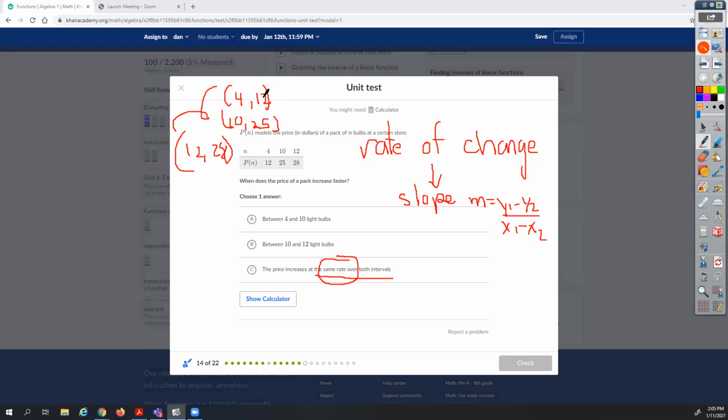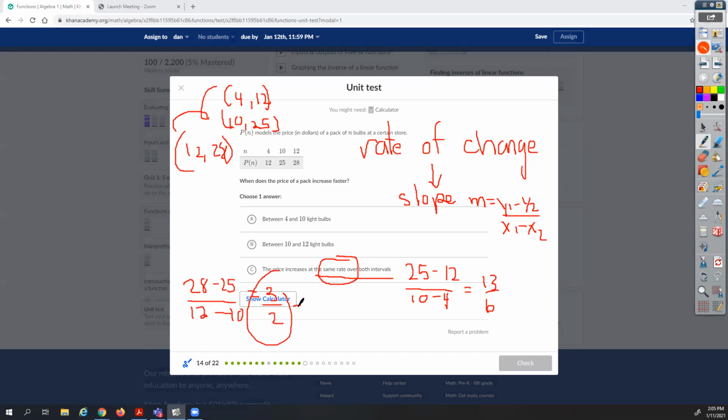Well, if we take the first one, 25 minus 12 over 10 minus 4, 13 over 6, right? And we could take the next one, which is 28 minus 25 over 12 minus 10, which gives you 3 over 2.